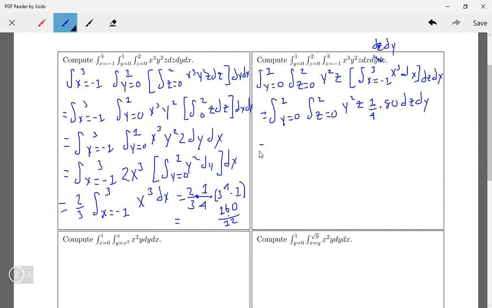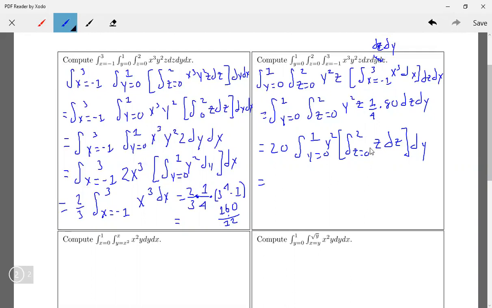Okay. This is equal to 20 times the integral y equals 0 to 1. Now we have the integral. The inner integral is now z is equal to 0 to 2. It's y squared z, but I can factor out the y squared, z dz dy. Okay. The antiderivative of z is z squared over 2.